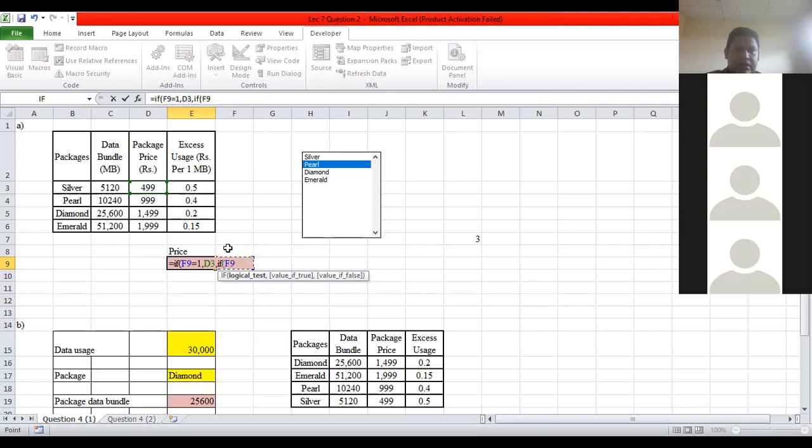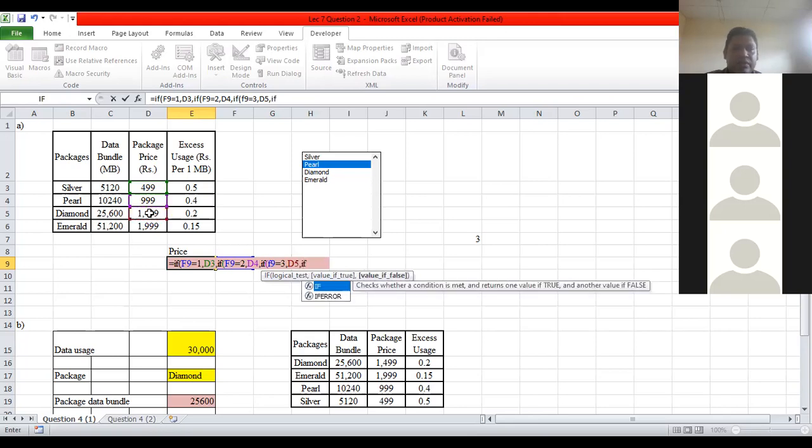It is F9, yeah, good. F9 equals 2. If it is equal to 2, then it is going to be the D4, very correct. And again, you would have put the comma and taken another IF function. Again, you would have done the test. Is F9 equal to 3? If so, you would have said that price 1499 should have been taken. Then, if not, even without taking an IF, you could have said it, because only the other option is available.